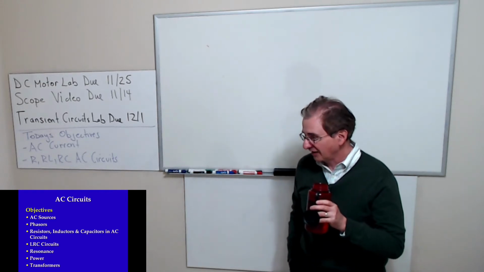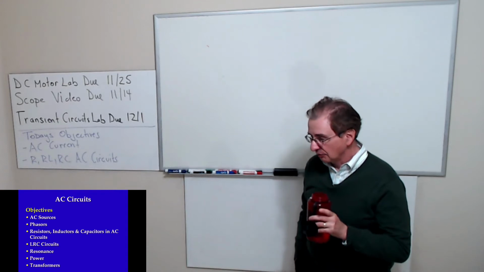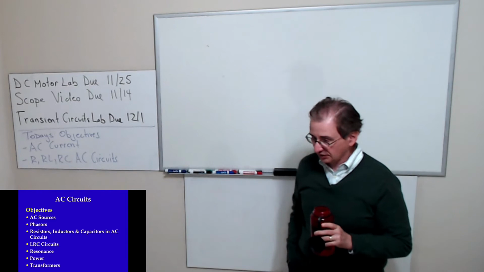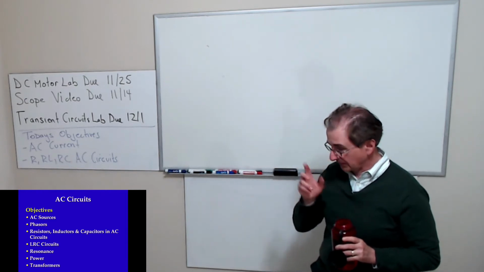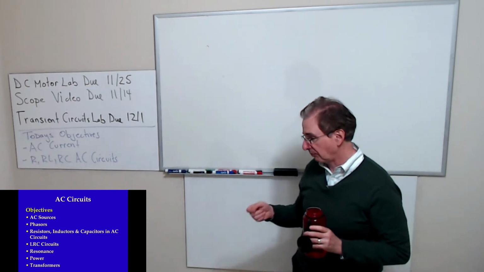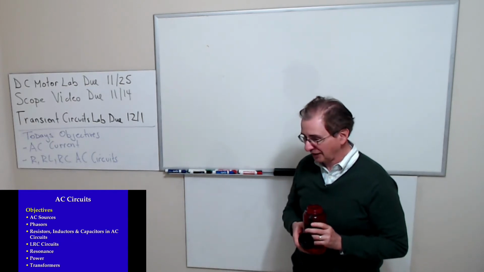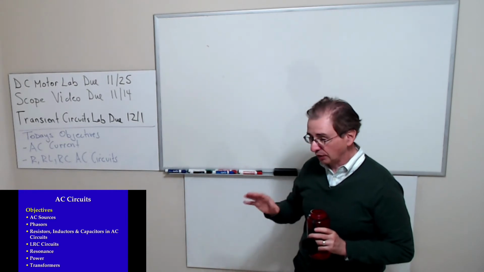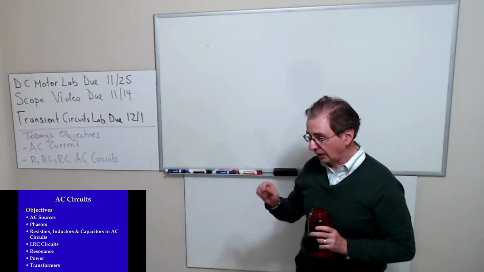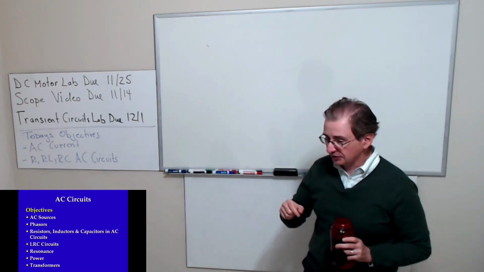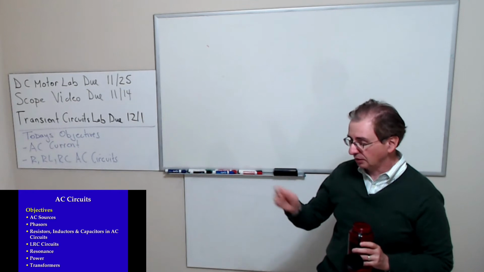Unfortunately, that scope only has one input. Ideally, it would be nice to have one with two inputs, especially for the last lab. I'll figure out a way to get to the demo today, where I'm using a two input scope so that you can watch the voltage from the power supply and the voltage across the resistor, and you can do comparisons.